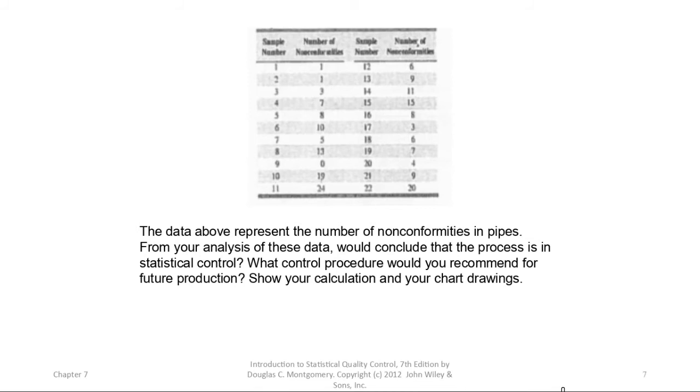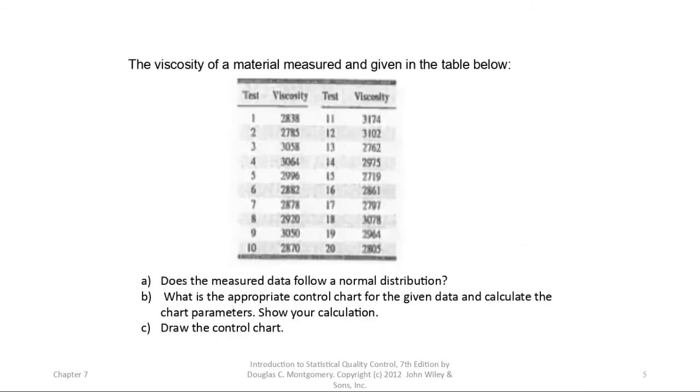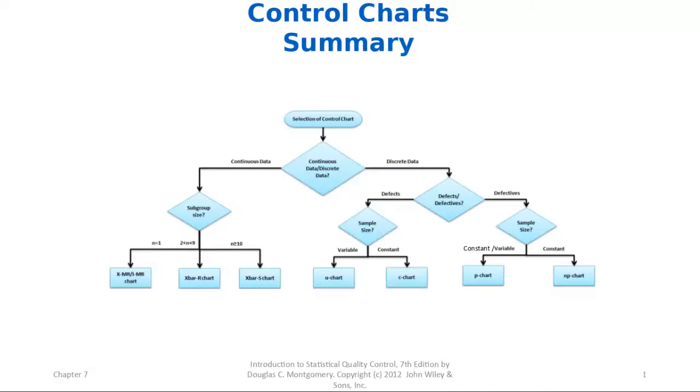Okay, and since we have defects or nonconformities in this case, we are going to use either C chart or U chart. Now, if we go back to our chart here that summarizes all the control charts, always keep this in your hand to review the decision criteria. Since we have defects, we will use either the C chart or the U chart. Now, here is the difference.